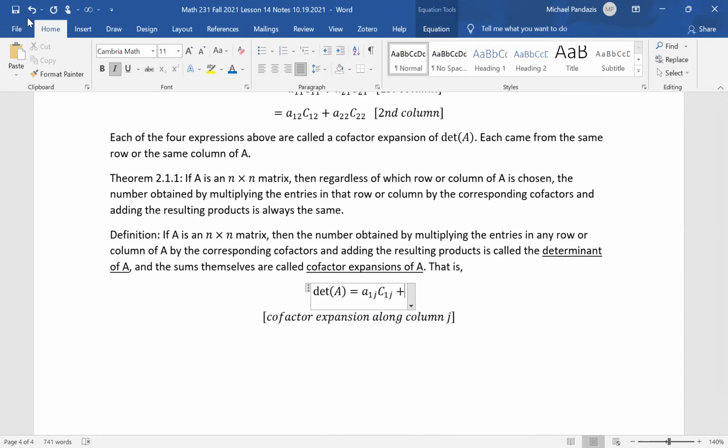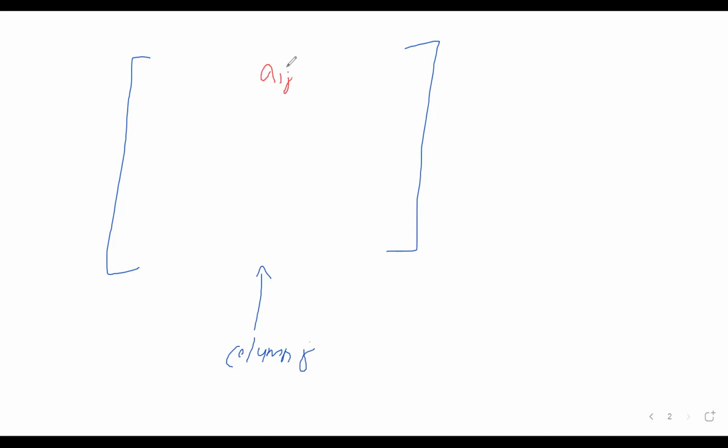Then as you move along column J, let me go to the whiteboard. This is kind of fast. Okay, so if you have a matrix and you look at column J, the entries in column J would be: the first row would be A1J, the second row would be A2J, the third row would be A3J, and then dot, dot, dot, the nth row, because it's an n by n matrix, would be AnJ.